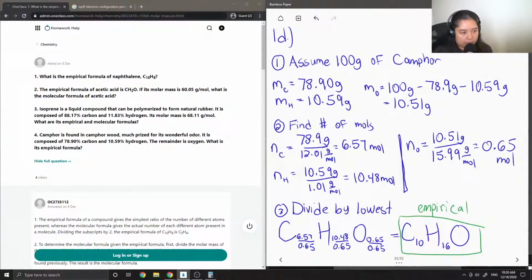Okay, so that's where this question ends up, because they don't ask for molecular, nor do they give us the molar mass of camphor. So this question is done.